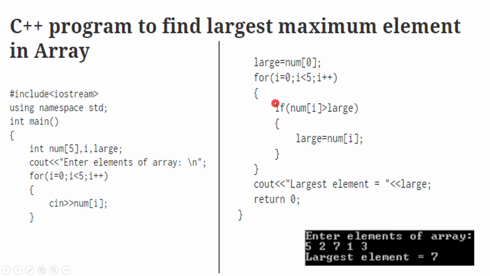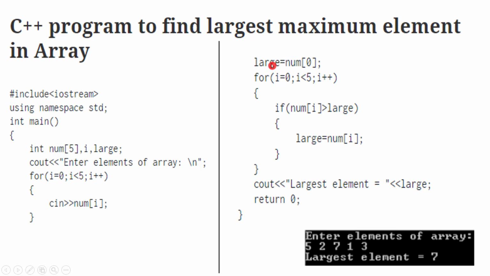Inside the for loop there is an if command. If number[i] is greater than large, number[i] is 5 here initially. If it is greater than 5, then large equal to number[i].